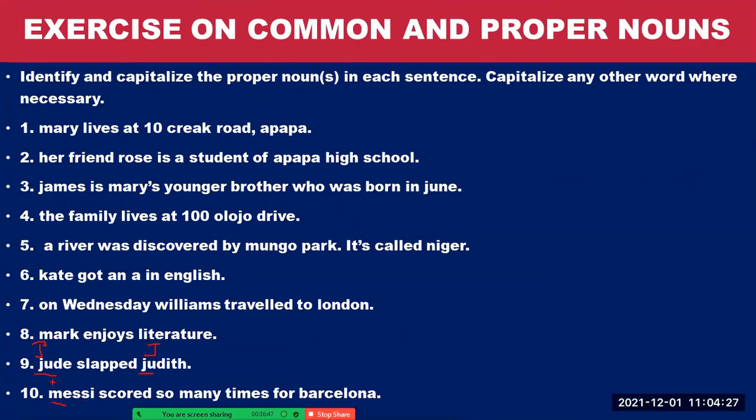Messi is a proper noun, so it starts with the capital letter M. And then Barcelona is the name of a particular football team, so it has to start with the capital letter B. So this is exactly how to identify nouns in a sentence, in each sentence.